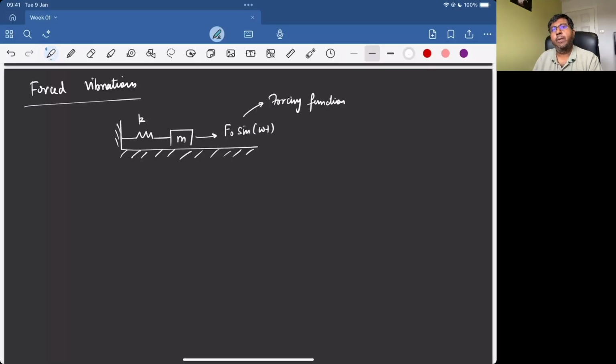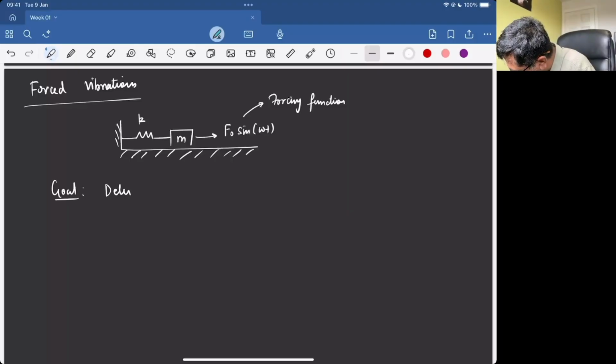For example, in the example that we took, we had a car moving on a bumpy road. We said that the bumpy road is our forcing function, right? So what's our goal? Our goal is to determine the system response, or nothing but x of t.